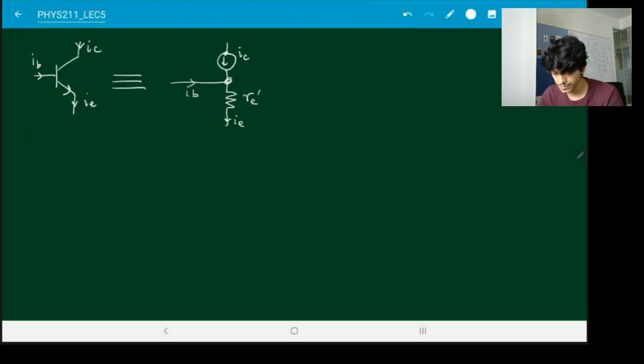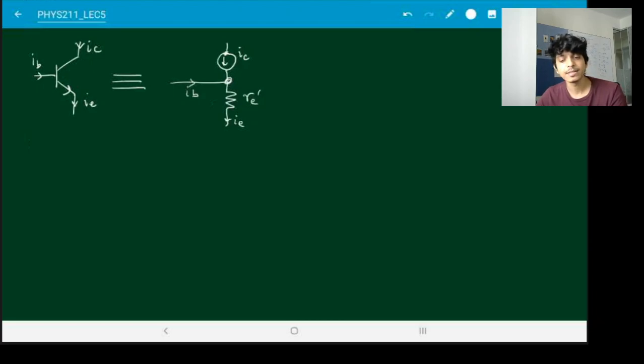Let me explain what this means. You have some base current coming into your transistor, and your collector makes sure that there is a constant current flowing through your transistor, and that current is what we are calling IC, the collector current.